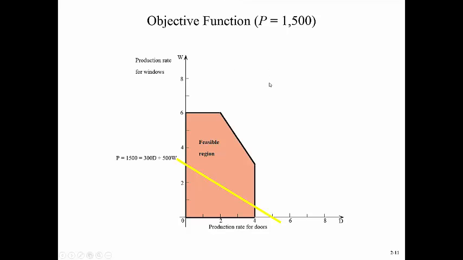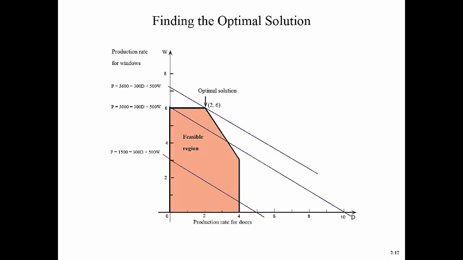Well, what we can do is imagine we've got this line now drawn with a ruler, and what we do is we now start sliding that up in the direction of increasing profit. So like if we slide it up here to where it's hitting 10 doors and 0 windows, heck, that's worth $3,000 of profit, which is better than our original $1,500.